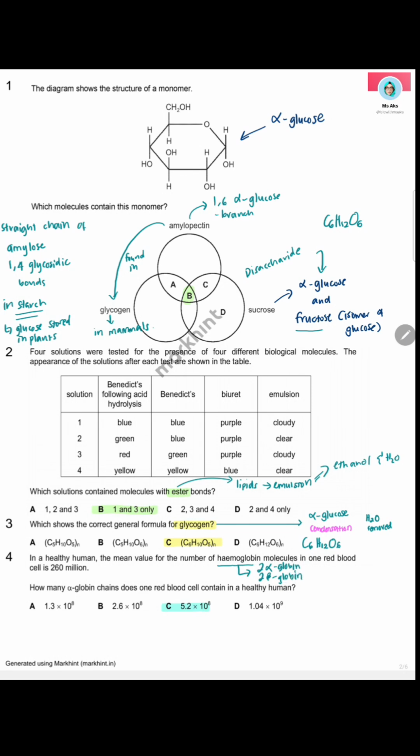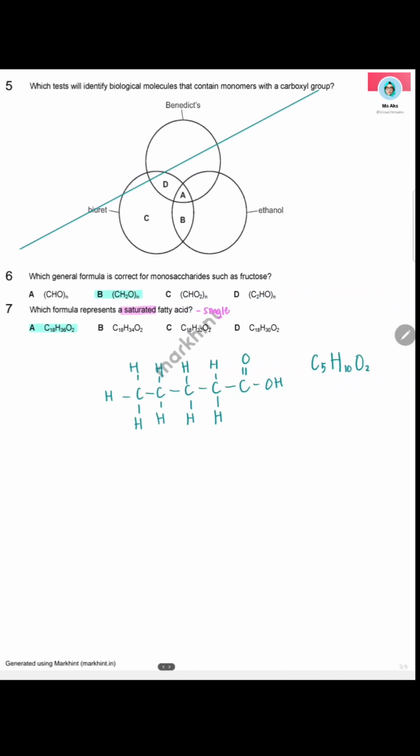So now that we have the information that there is a mean value of 260 million hemoglobin in one red blood cell, what you just have to do is multiply this value by 2, and you should get the answer C in standard form. All right, moving on. Question number 5, unfortunately, has been discounted, so we can skip.